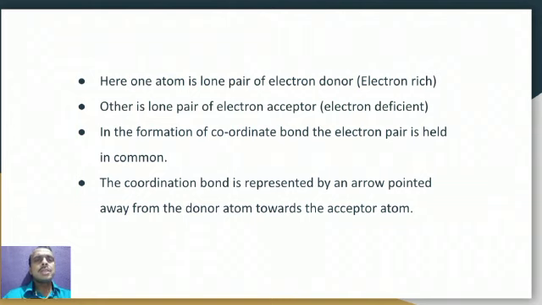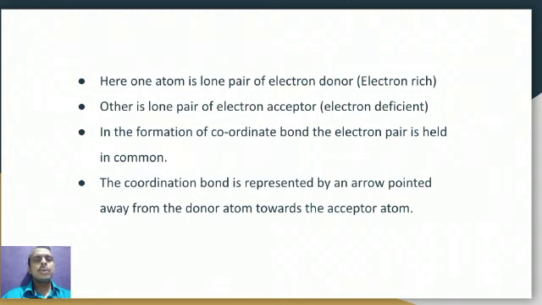What happens in this coordinate bond? Here one atom is called the electron rich or electron donor, and the other is called the electron acceptor or electron deficient.